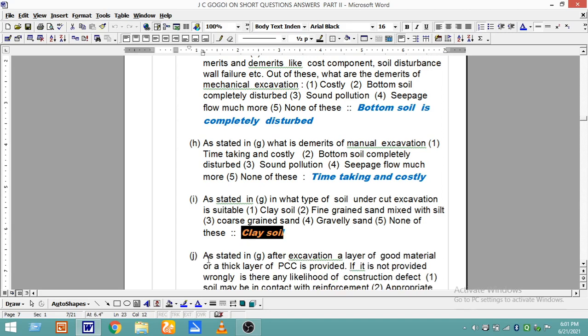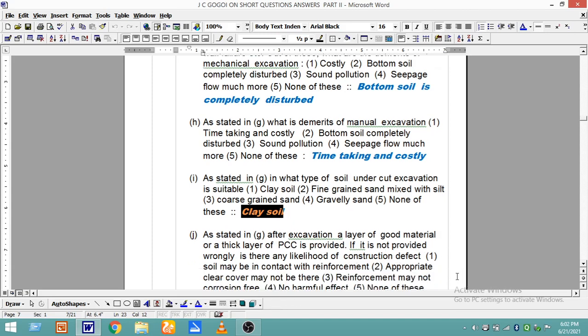After excavation, a layer of good material or a thick layer of PCC is provided. If it is not provided, is there any likelihood of construction defect?